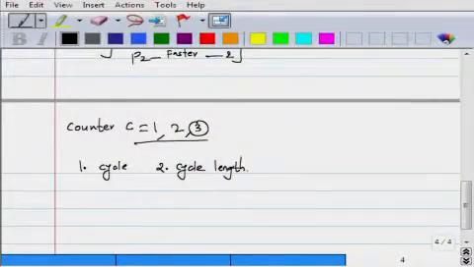Now we will move on to achieving the third objective, that is, the starting node of the cycle.